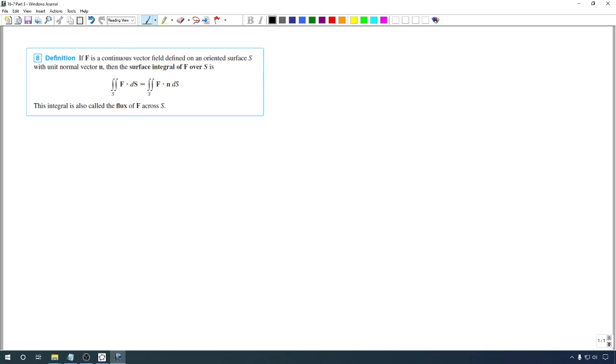In a sense, what this measures is how much the vector field is flowing through the surface in the direction of the orientation. So if we have a surface here and the normal vector is going out this direction, and our vector field comes through in this direction, then the dot product of these two vectors is going to be positive. As long as we're going in the correct way through the surface, we get positive results.